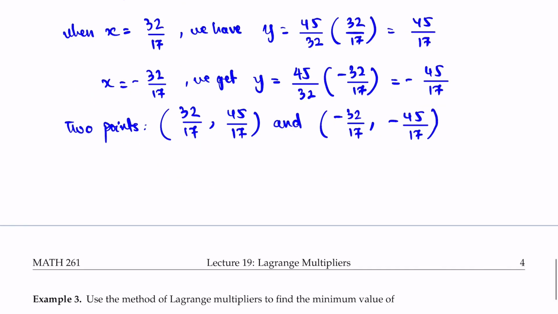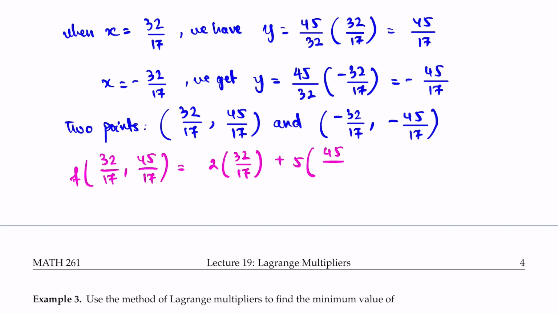And we're going to calculate the output of the function at these 2 points. For f of 32 over 17, comma 45 over 17, you substitute x equal to 32 over 17 and y equal to 45 over 17 into 2x plus 5y, and you get 2 times 32 over 17 plus 5 times 45 over 17.